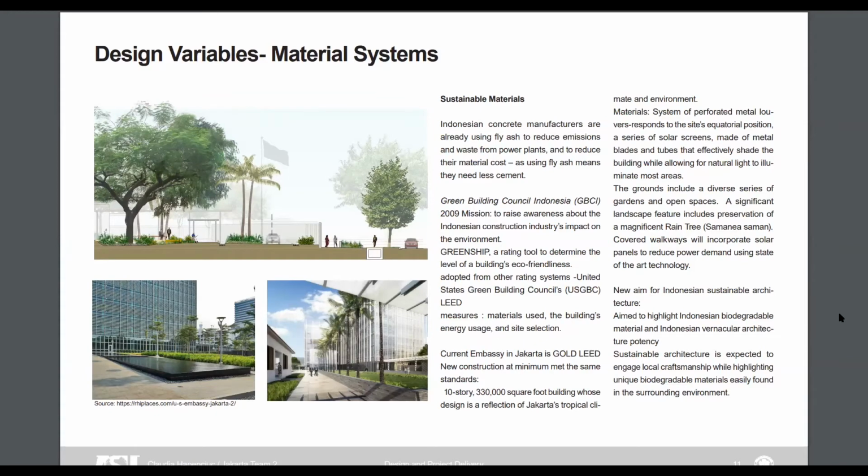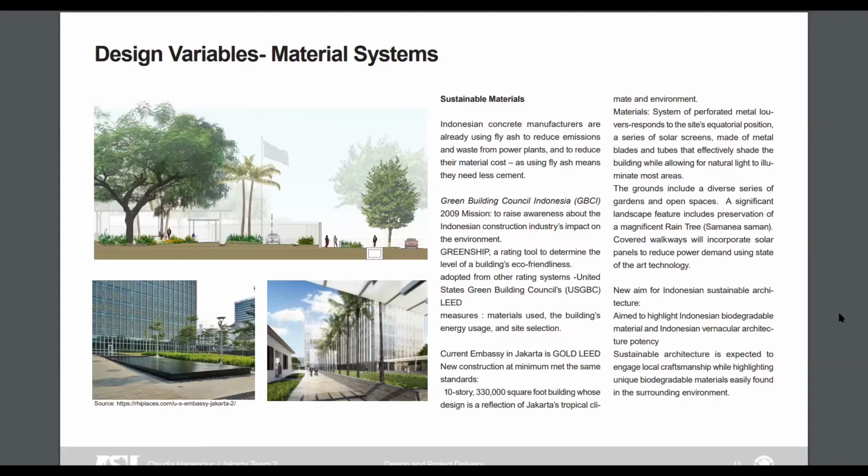Also understanding the diversity in the climate of Jakarta and Indonesia, and then moving forward to the new site, really understanding once material systems are used, how to best benefit.